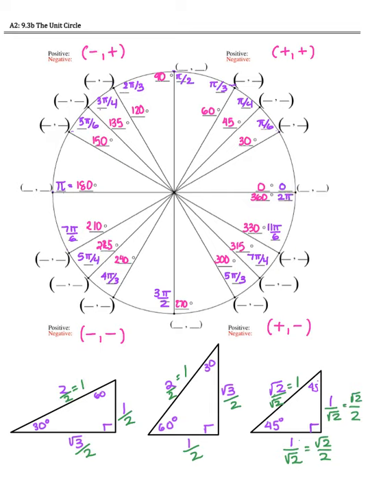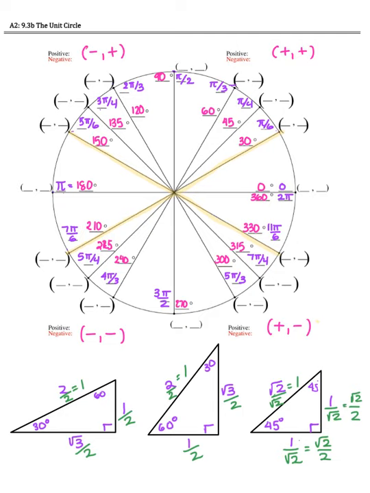Now the other thing I wanted to put in here, because I want you to remember those reference angles and make those relationships. So I'm going to take all of our 30-degree reference angles, and I'm going to highlight this.